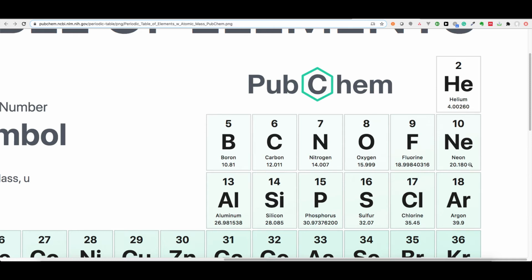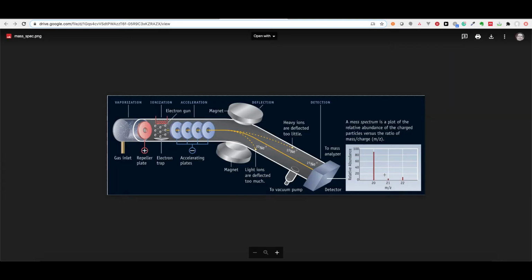And in fact, where this number comes from, this atomic mass of each individual element, it comes from an average of those isotopes that are abundant in nature. But it's not just an average of 20, 21, and 22, because of course the average of those 3 numbers would just be 21. It's a weighted average.